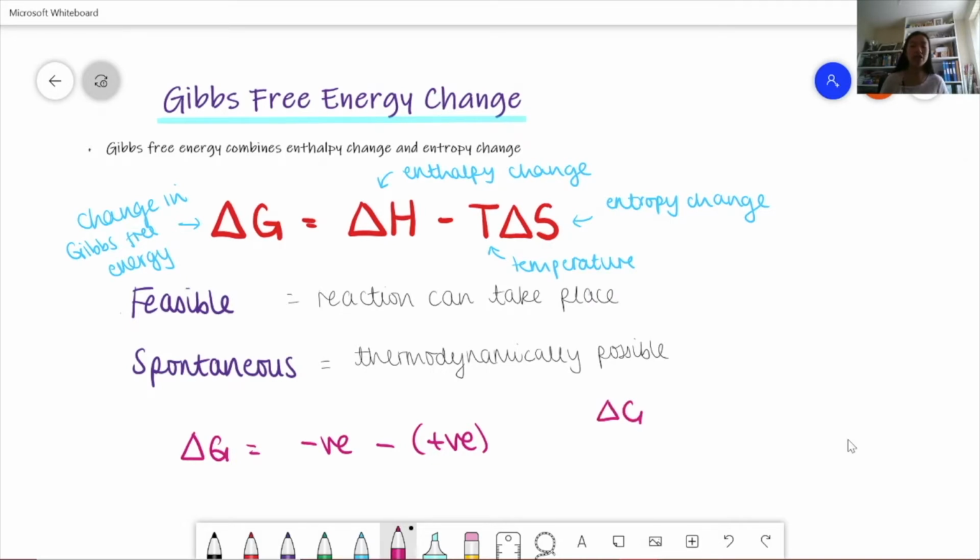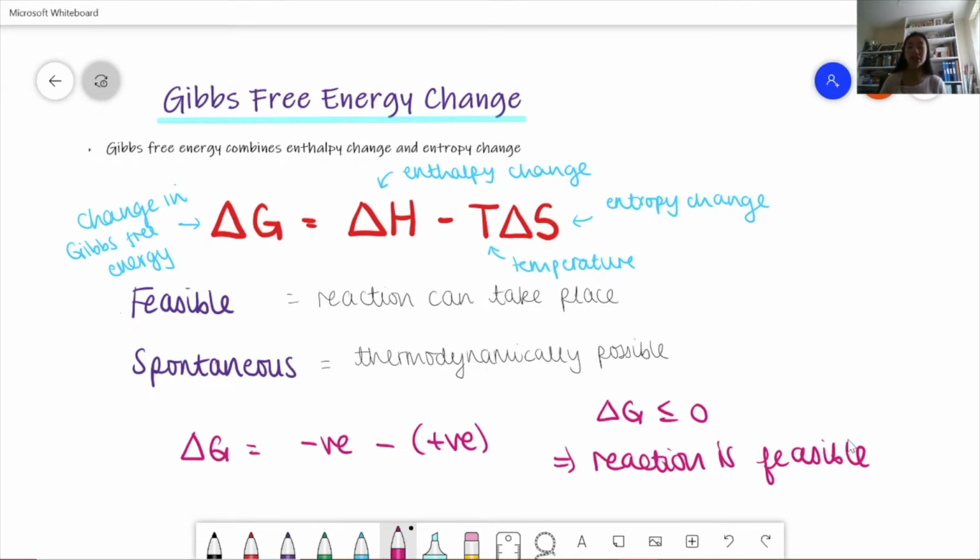So when delta G is less than or equal to 0, then the reaction is feasible. And that's because the enthalpy change is favourable and the entropy change is also favourable, because if we have two negative figures, then that will ultimately be negative.